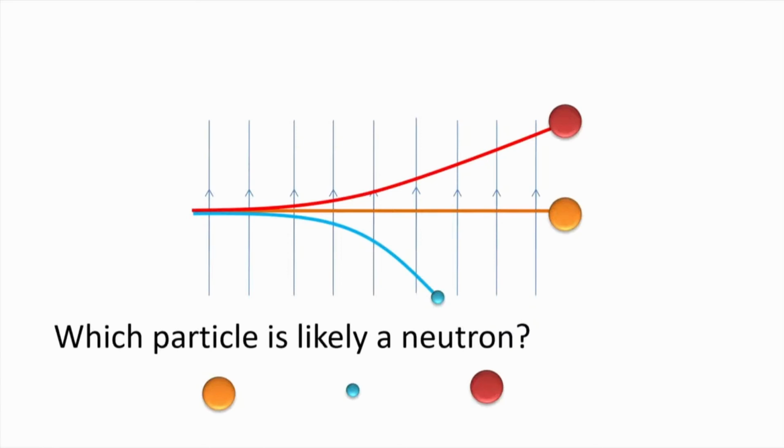And so if it is passing through the field, then it will be unaffected by the field. And so more than likely, the neutron is the orange particle because it is unaffected by the field. And obviously the next question is, which particle is likely an electron?